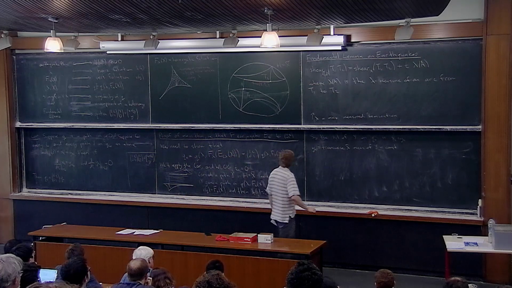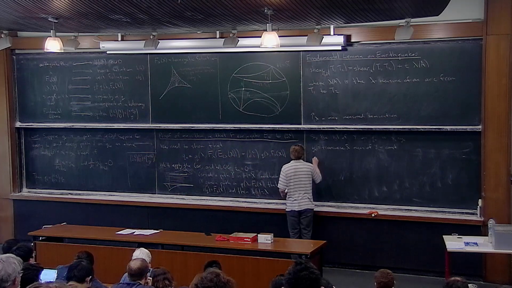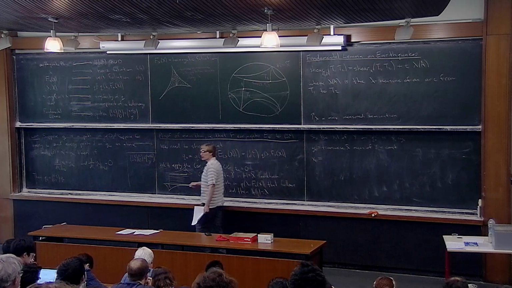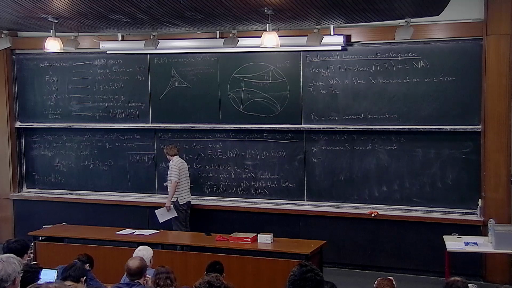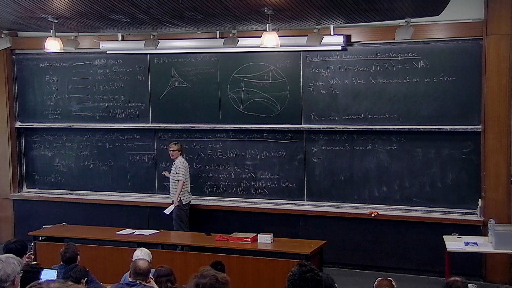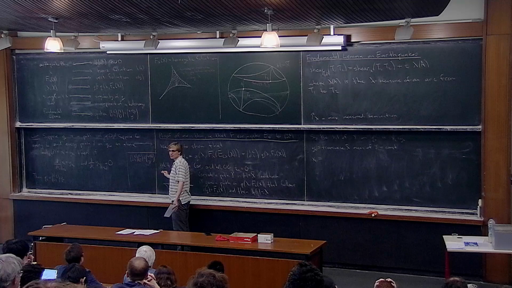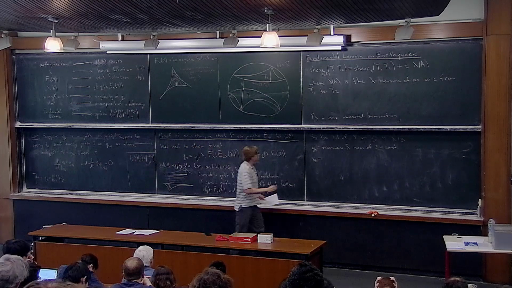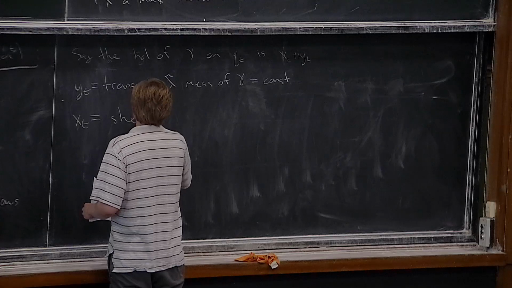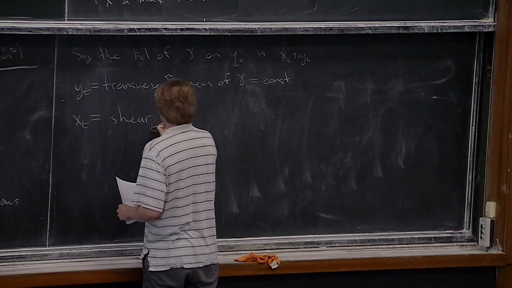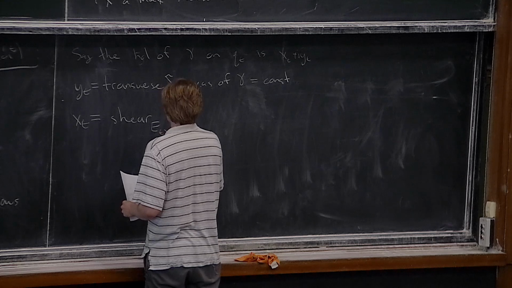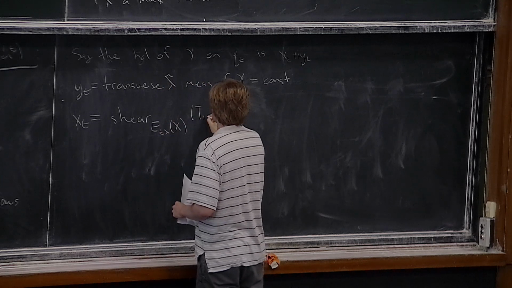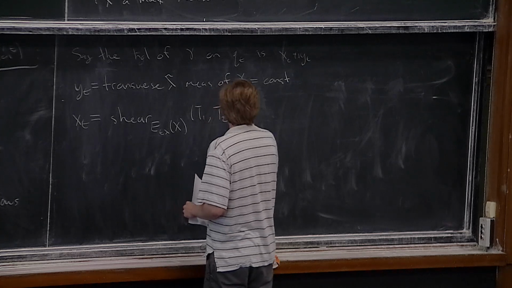Okay, so now all I need to do is think about xt. What xt is, it's exactly the shear, right? Because as I go along the vertical foliation, I don't pick up any x change. So in here, I pick up pure x change. So xt is exactly the shear on earthquake flow t lambda of x from t1 to t2.